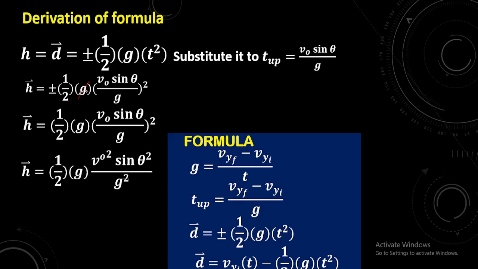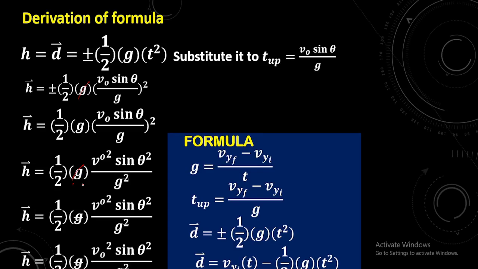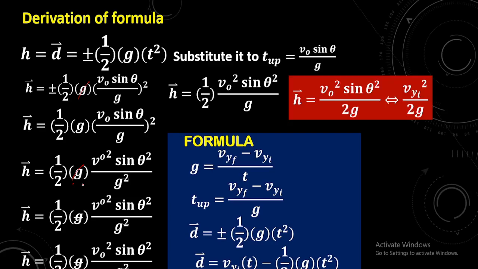We have v sub o squared sine squared theta all over g over 2g.